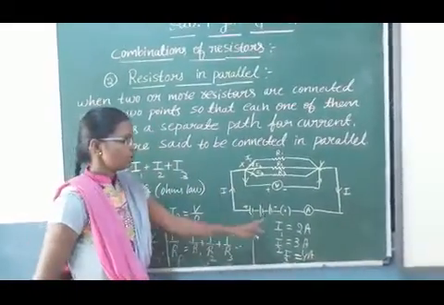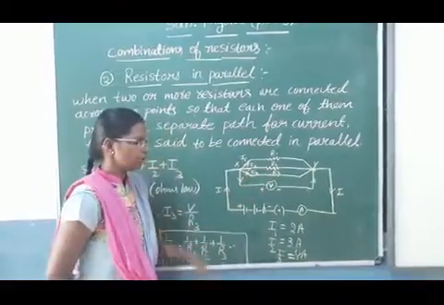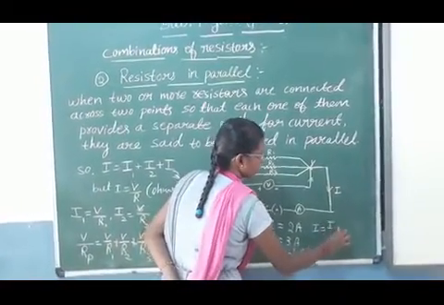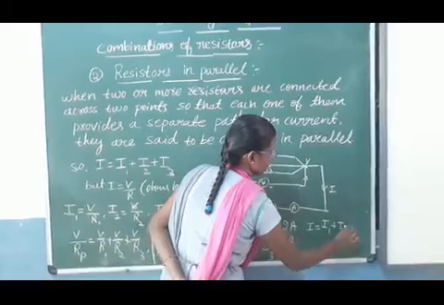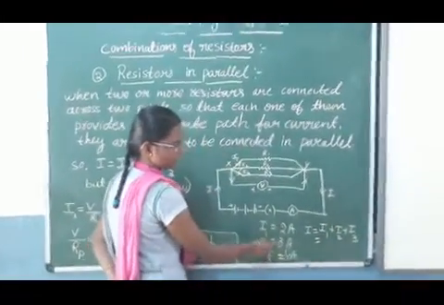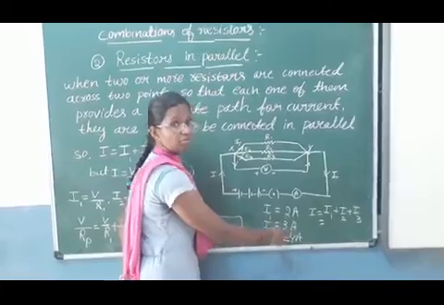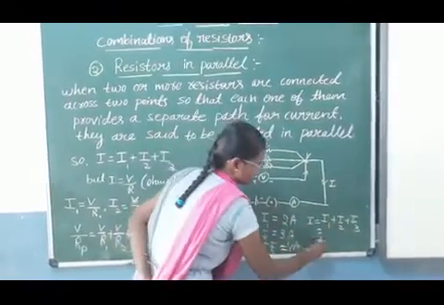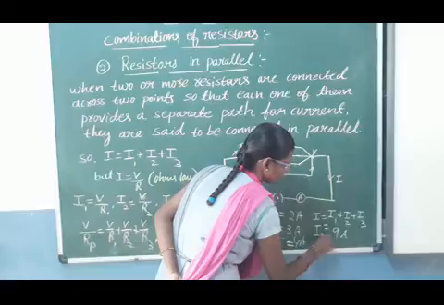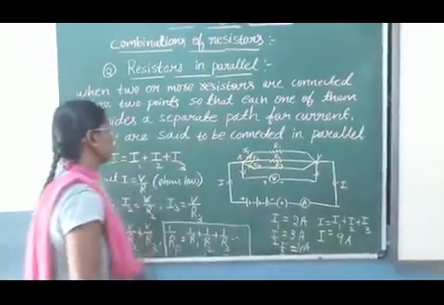Then what is the total current passing in the electric circuit? That is I is equal to I1 plus I2 plus I3. How much? 2 plus 3 is 5, 5 plus 4 is 9. So total 9 ampere. Understood?